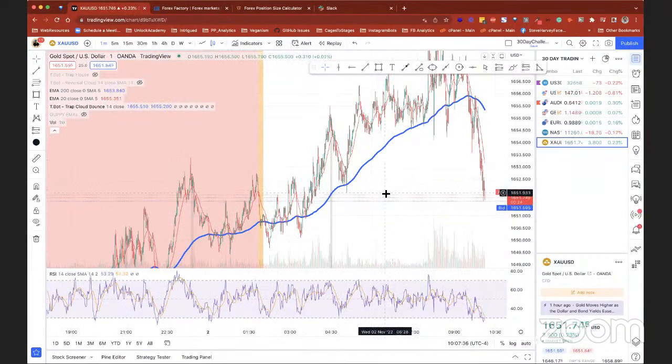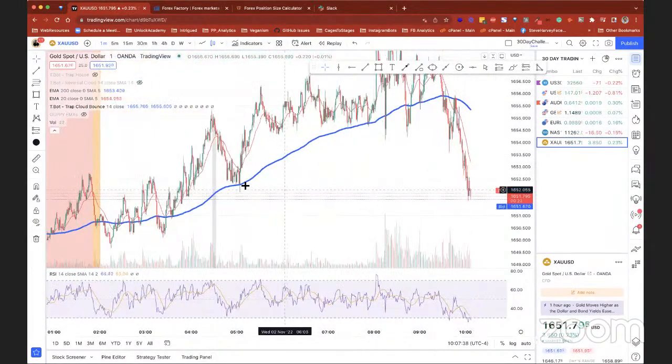A lot of consolidation in these markets. Gold looks like it's in a good area to reverse.